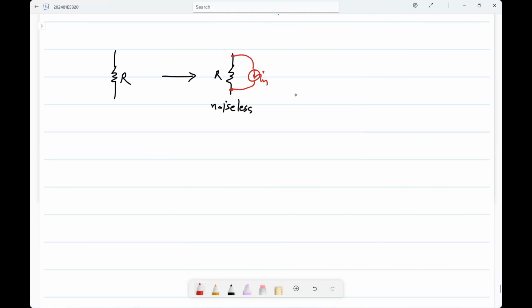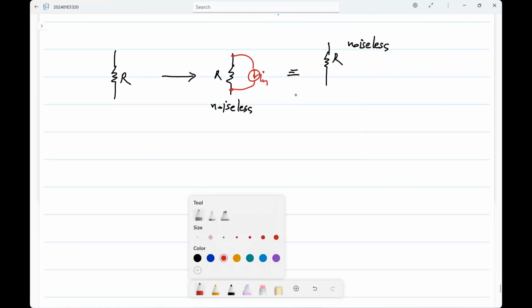Now, of course, anytime you have a resistor in parallel with a current source, you can also represent it as what? You can have the same resistor in series with some voltage source. What will be the value of the voltage source? IN times R. Okay.